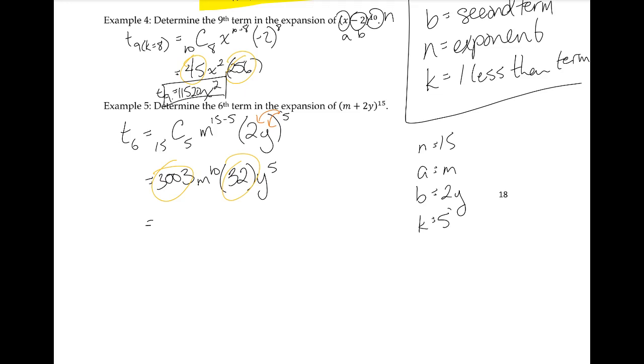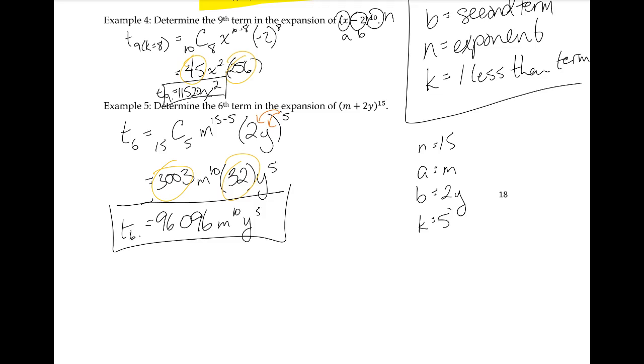So that's exactly what I'm going to do. Times 32. And that gives me 96,096 M to the power of 10, y to the power of 5. And that would be my sixth term. And you could even write T6 to help complete your answer.